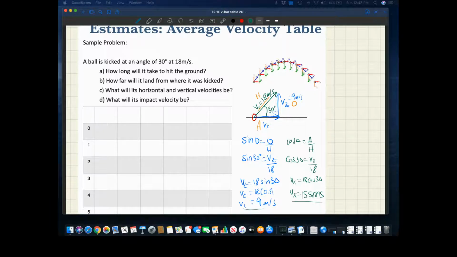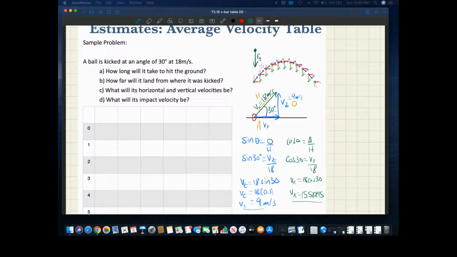Like when we had a projectile launched horizontally off a cliff, this is behaving very much like a horizontal projectile off a cliff. It's got an initial horizontal velocity of 15.58845. And what we remember is that at any moment in time, the only force acting on that projectile is gravity, so there's only one acceleration, experienced vertically.